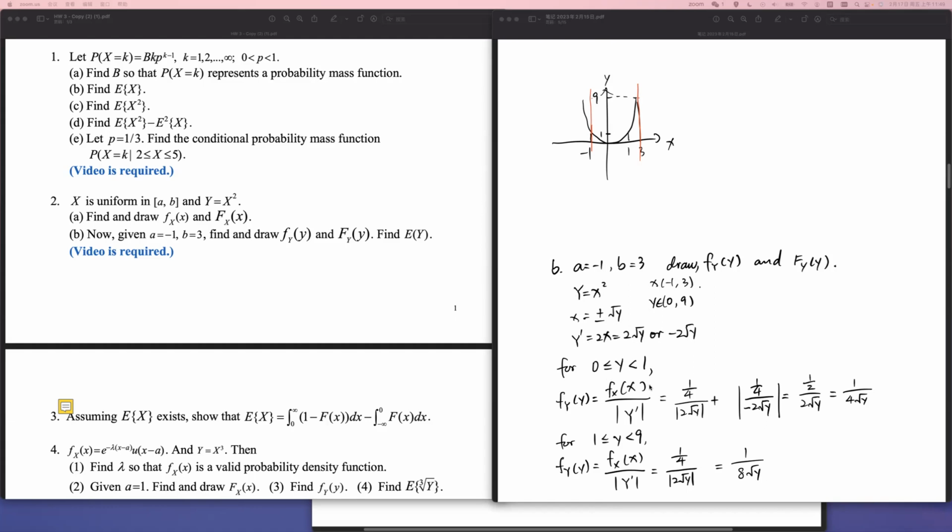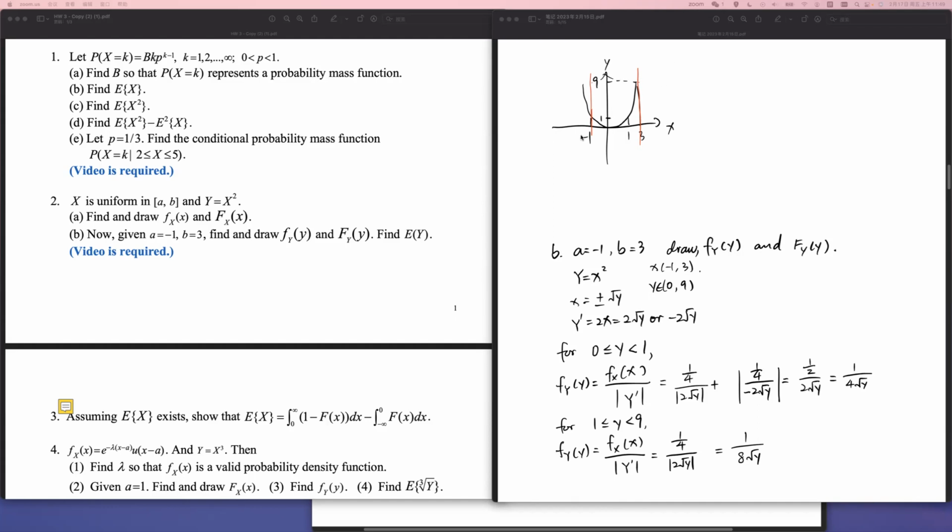So we need to consider two cases. When y is between 0 and 1, that means we can have this part and also this part. So we need to consider both cases and get f_Y equals 1 over 4, which is f_X. Yeah, because we're told that a equals -1 and b equals 3.